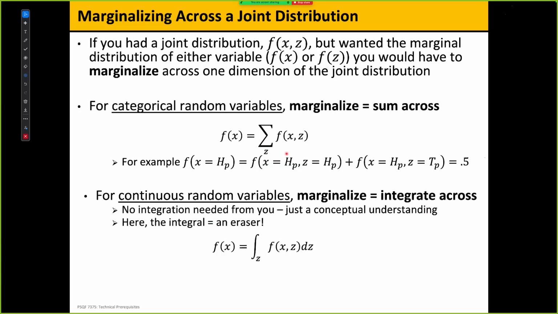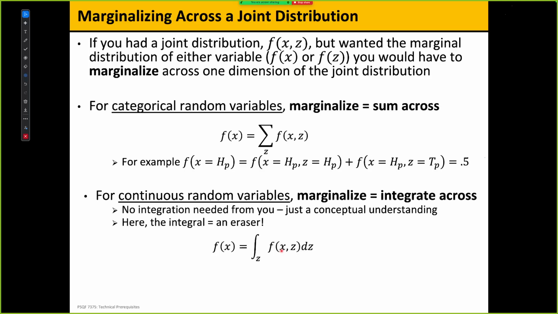Now, sum in calculus is the symbol that we use when we have discrete measures. When we have a continuous distribution, the marginal is found by taking an integral across the distribution function. So f of x and z is a PDF for x and z.